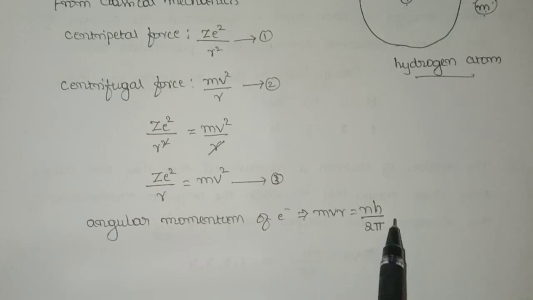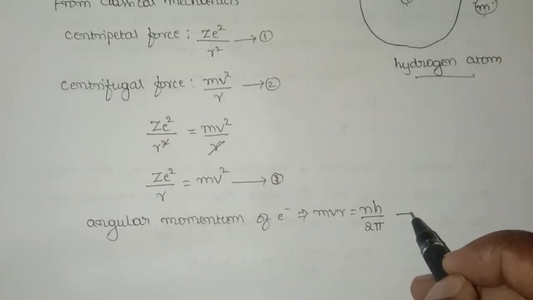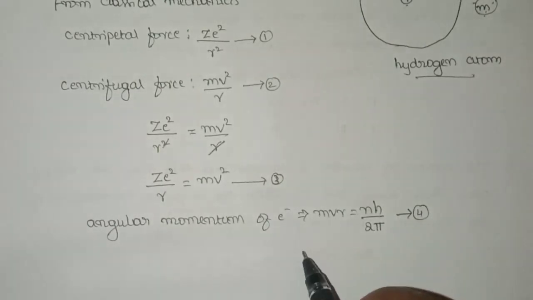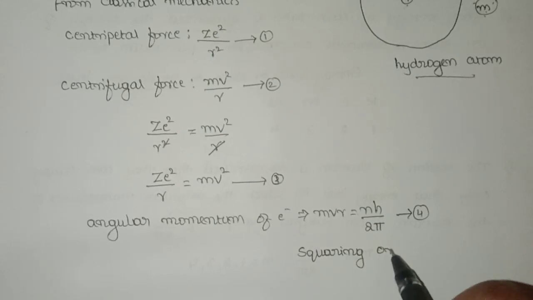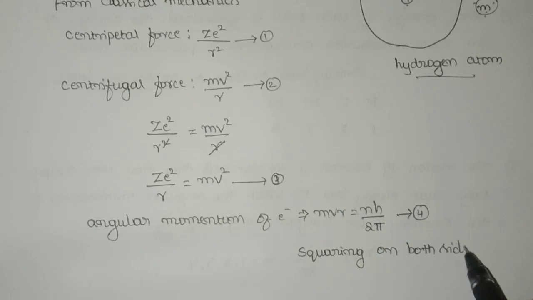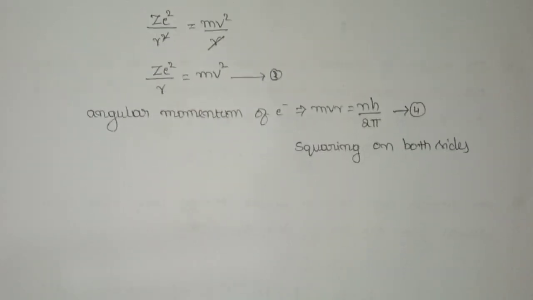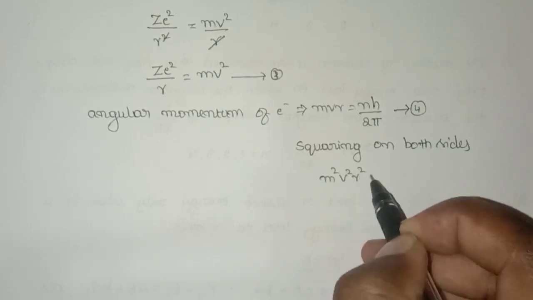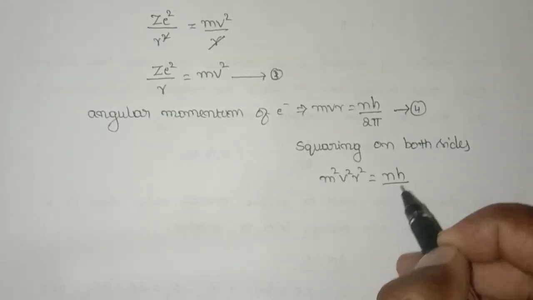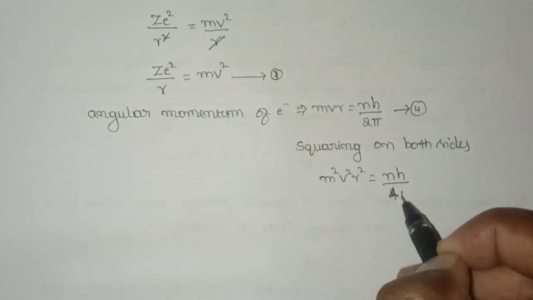Now we shall square the equation. Let me consider this as equation number 4. So equation 4 is subjected to squaring on both sides. When you square both sides, the equation turns into m square v square r square equals n square h square by 4 pi square.